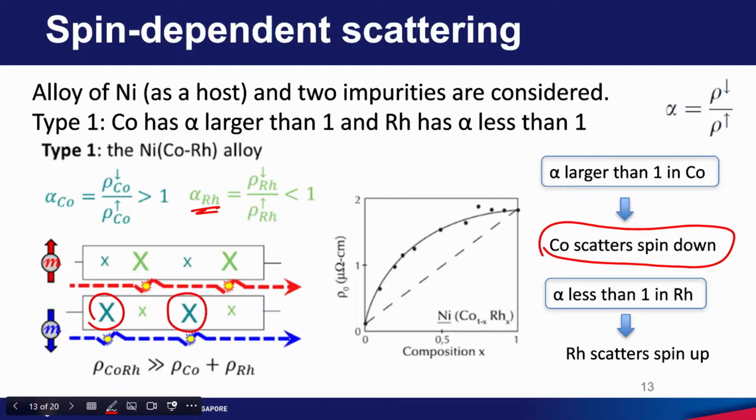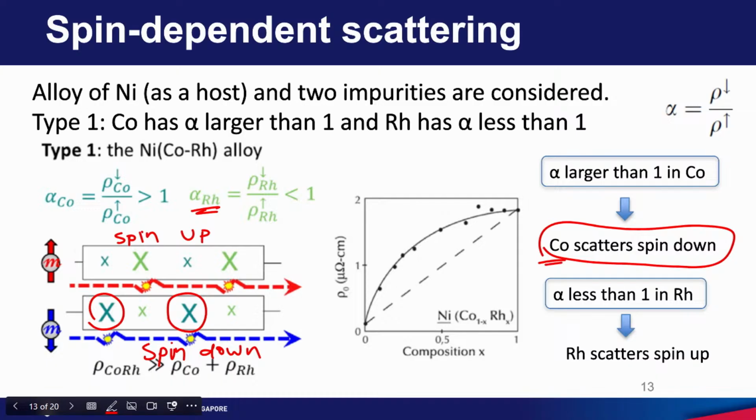So, this basically mentions the spin down electrons which are going in this channel. Okay. So, this is spin up channel, top one is spin up channel, bottom one is spin down channel. So, in the spin down channel, cobalt scatters the spin down electron. Okay.